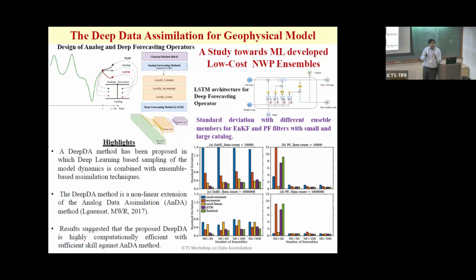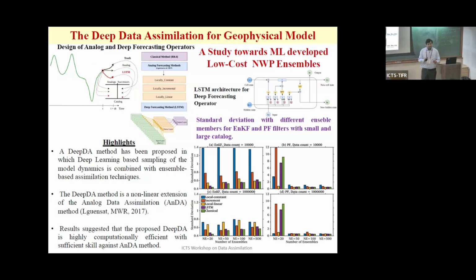So he defined a model based on these theories, and then he showed examples of how this works for different filters, the EnKF and the particle filter. Okay, so this problem is clear.